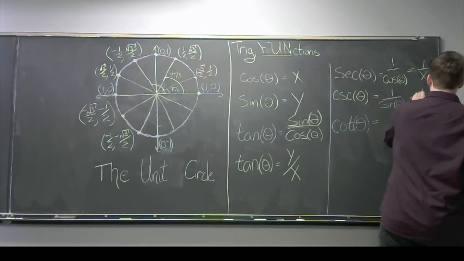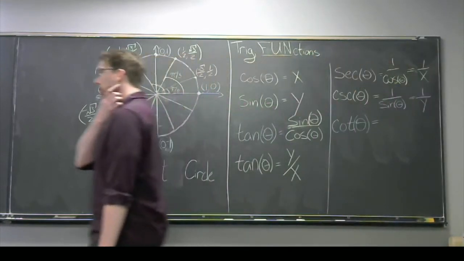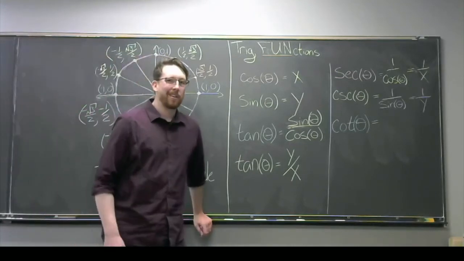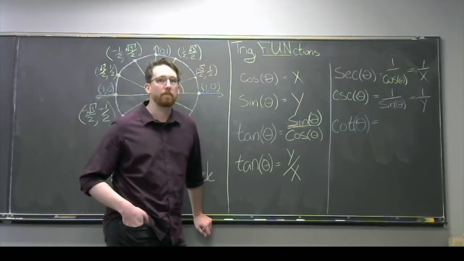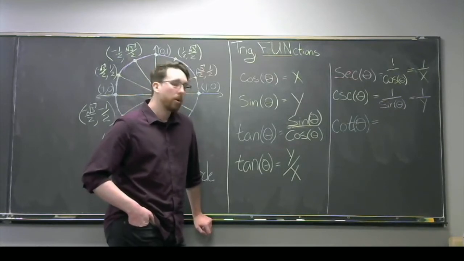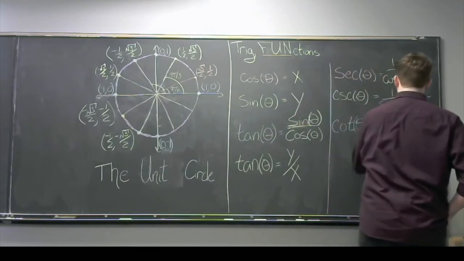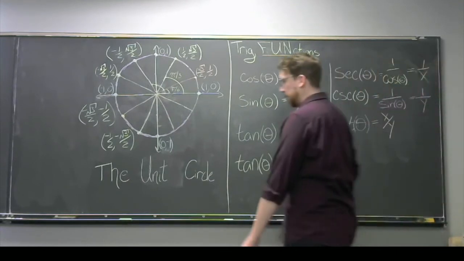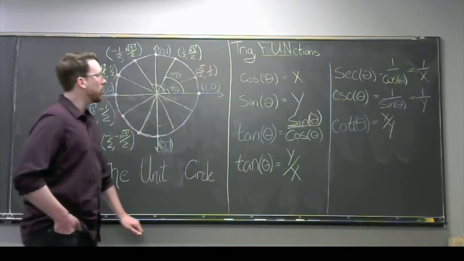So we can just substitute in y. In cotangent, same trick. Cotangent is going to be 1 over tangent, so that's x over y. And these are our basic trig functions.